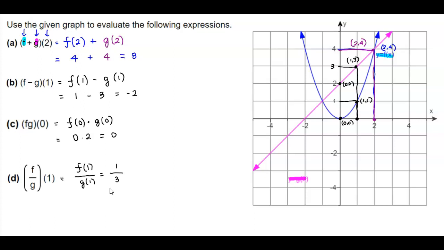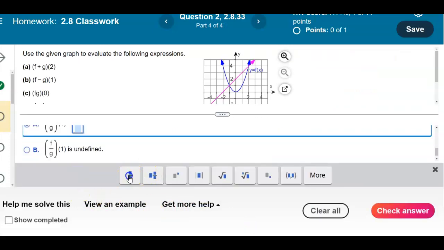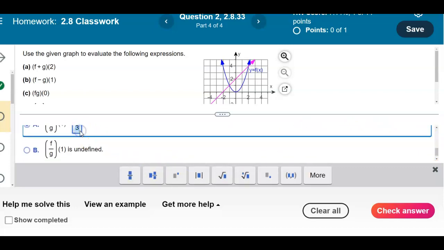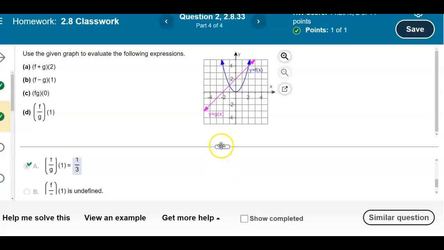So therefore it's 1/3. Let's go ahead and put our answer in there. So we have our fraction, 1 and then 3. Let's check our answer. It's 1/3, and there is our result.